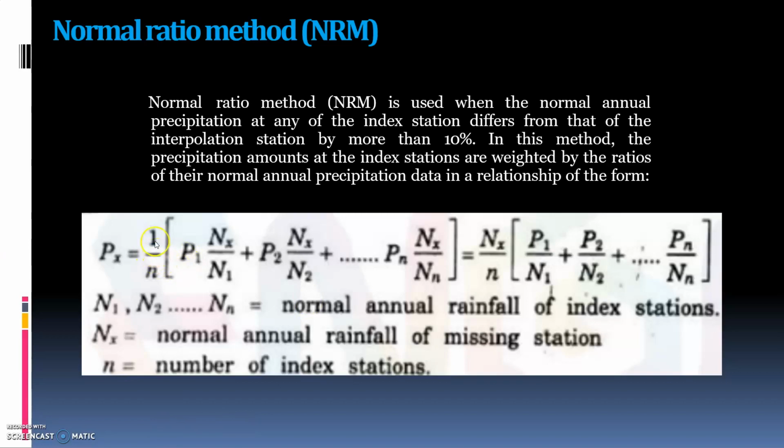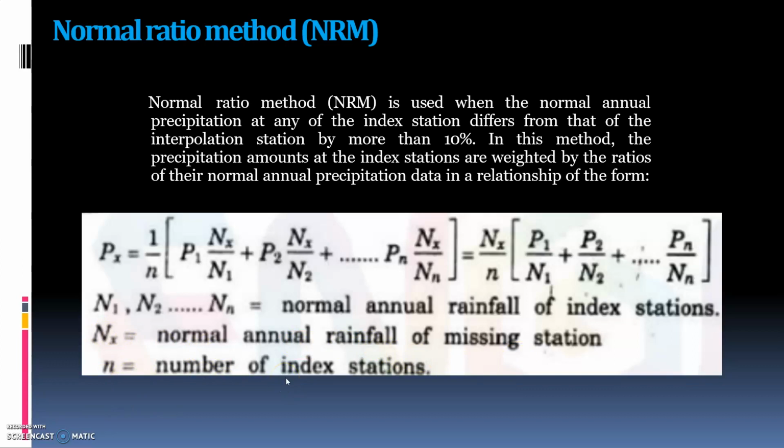Px is equal to 1 divided by n of P1 Nx divided by N1 plus P2 Nx divided by N2, like that till Pn Nx divided by Nn, or you can write Nx divided by n outside, P1 divided by N1 plus P2 divided by N2 plus Pn divided by Nn, where N1 to Nn are normal annual rainfall of index stations, Nx is normal annual rainfall of missing station, and n is number of index stations.